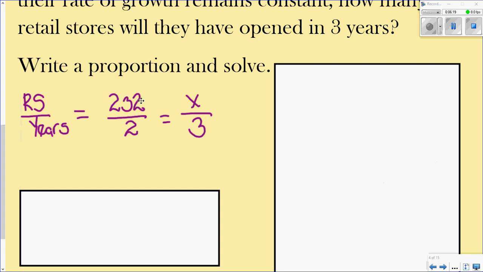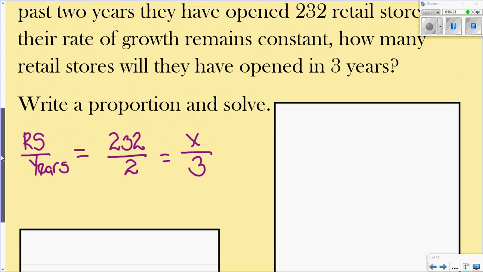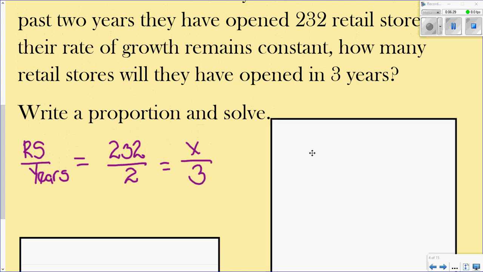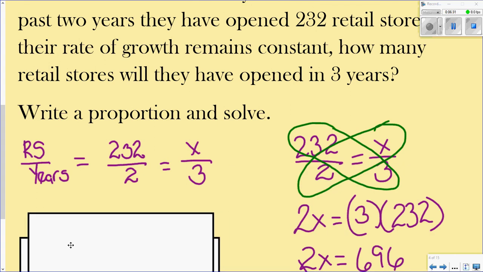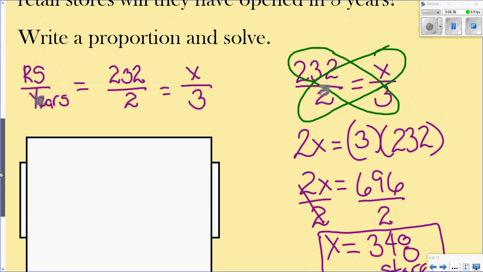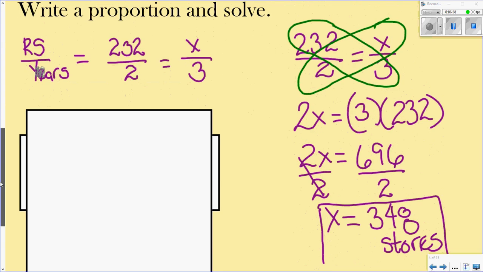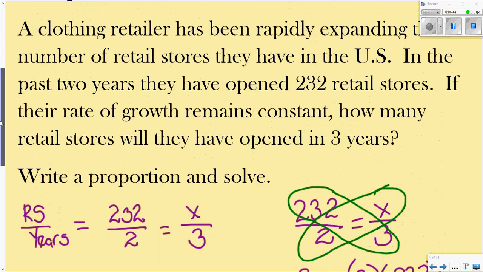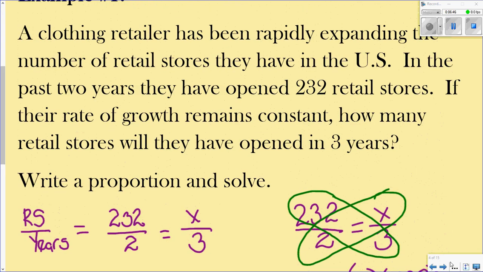So you have 232 over 2, set equal to x over 3. X represents how many stores will be opened in 3 years. So once you set it up, you know how to do this. You cross multiply, you solve for your variable, and then you label. So in 3 years, they'll have 348 stores opened. So nothing new, basically what you've done in the previous lesson.